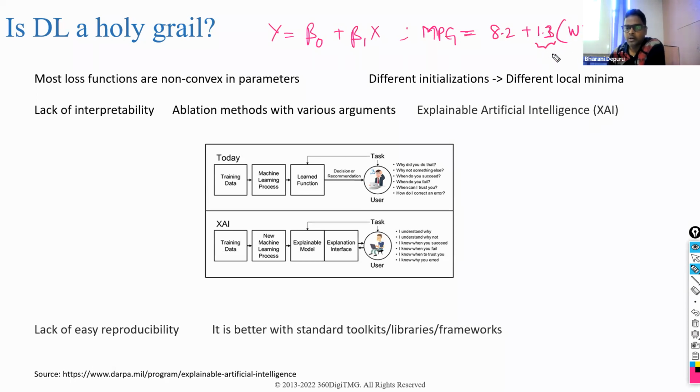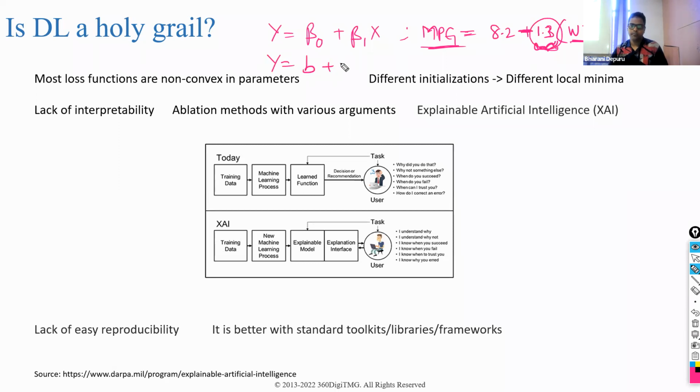So what is the meaning of 1.3? It means if you increase the weight by 1 unit, mileage will increase by 1.3. Ideally, it should have been minus. If you have minus, then if you increase the weight of the vehicle by 1 unit, 1 kilogram or 1 pound, mileage will reduce by 1.3. That is the interpretation that you are going to have.